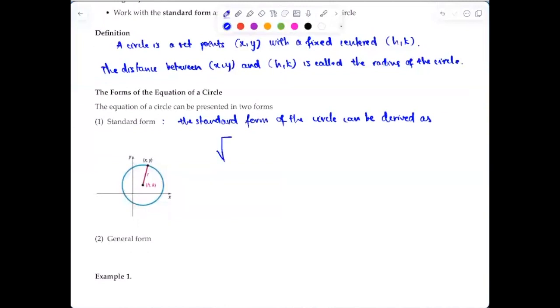So the distance formula is what? The square root of x minus h squared plus y minus k squared. Usually this is equal to d, which is the distance, but in this case, let's call that distance r, which is the radius.